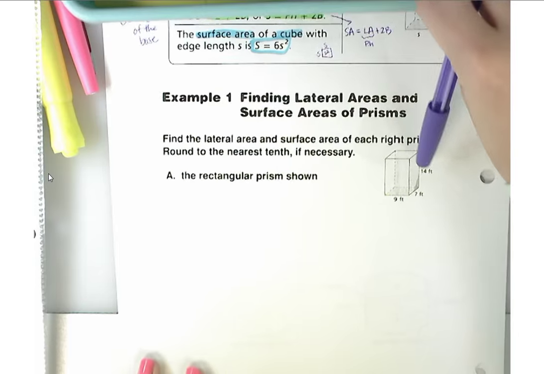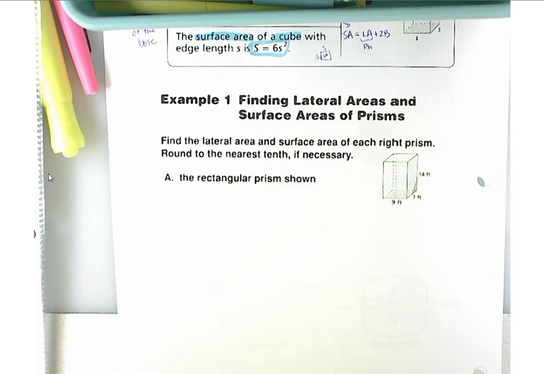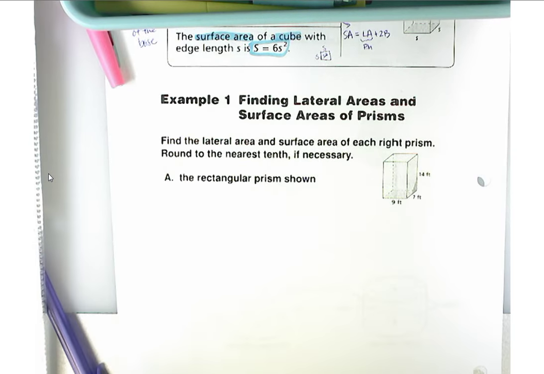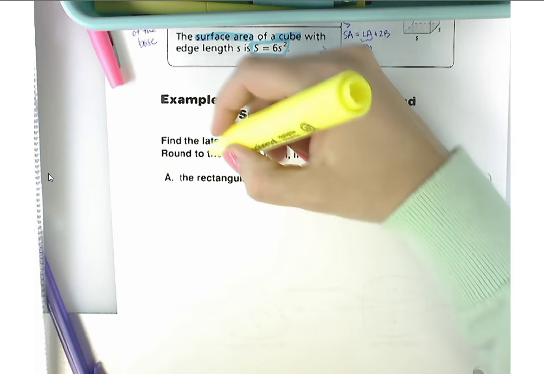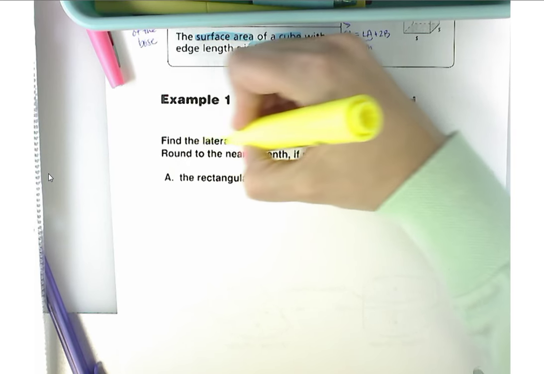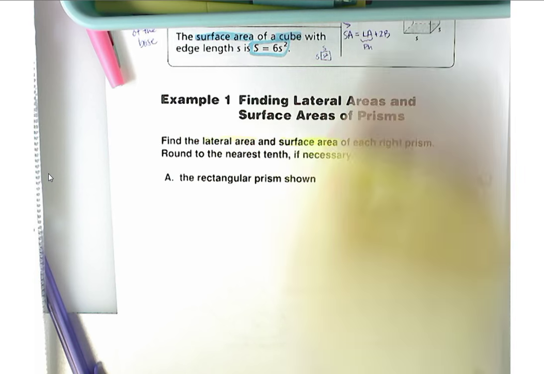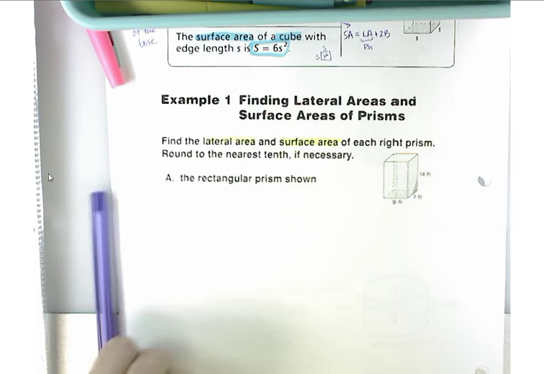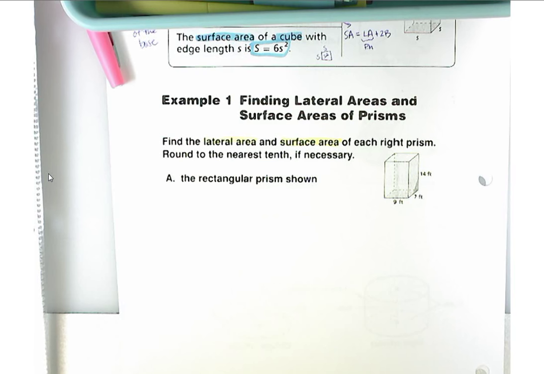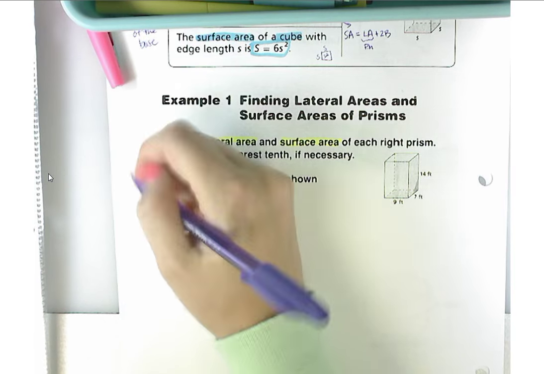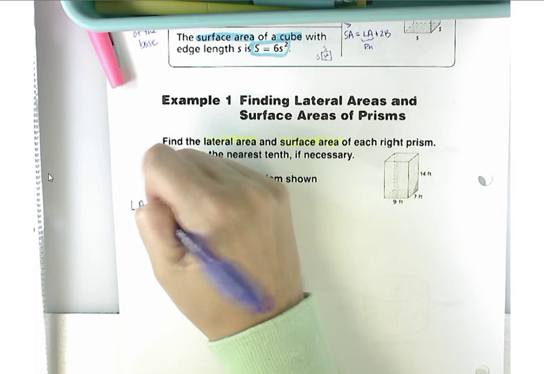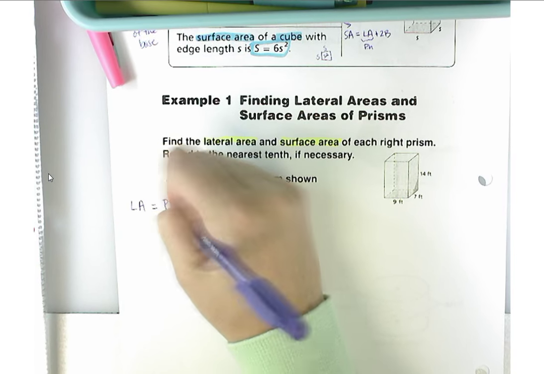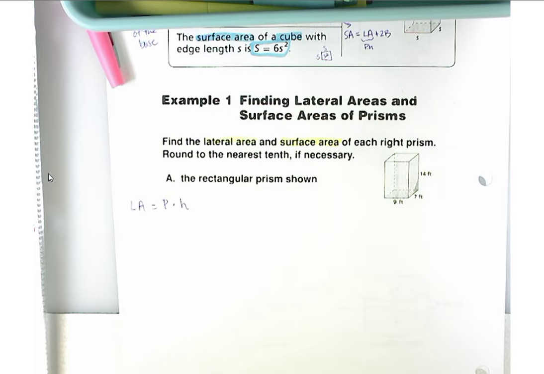All right, so then for example 1, we're going to find the lateral area and the surface area of each right prism. And then if we need to, we're going to round to the nearest tenth. So the lateral area and the surface area. And then we have the rectangular prism that is shown. So the first thing to find the lateral area, we have to find the perimeter and then the height.